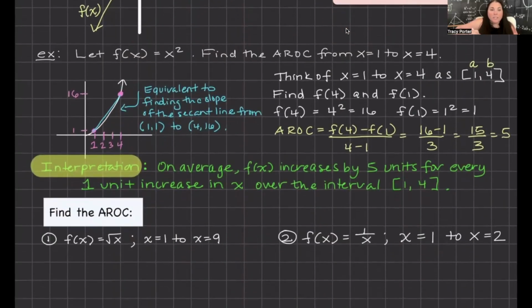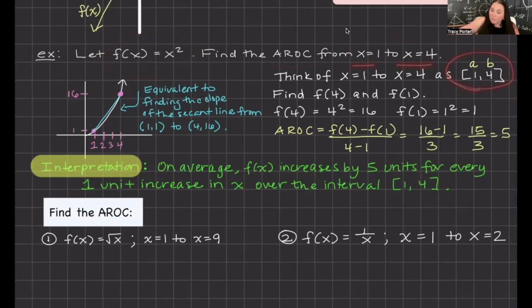Now here's a worked out example where you're going to be given a function and then asked to find an average rate of change over some interval. So if you see x equals 1 to x equals 4, you can think of that as your interval from a to b.